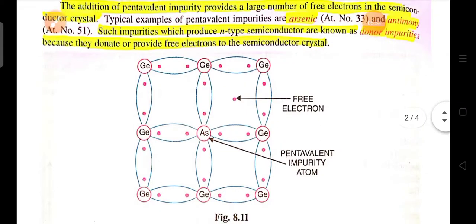Let's consider a germanium semiconductor and arsenic impurity, which is pentavalent. Germanium has 4 electrons in its outer orbit, and arsenic has 5 electrons in its outermost orbit, since it is a pentavalent impurity.